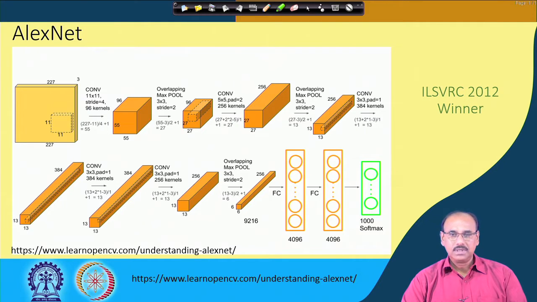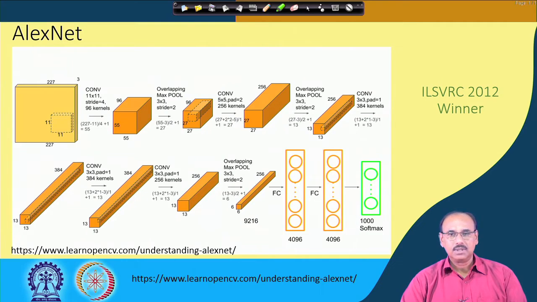So why this 1000 channel softmax layer? We have said that the ImageNet database contains 1000 different categories of images. So at the final output, we have one node for each of these 1000 categories.